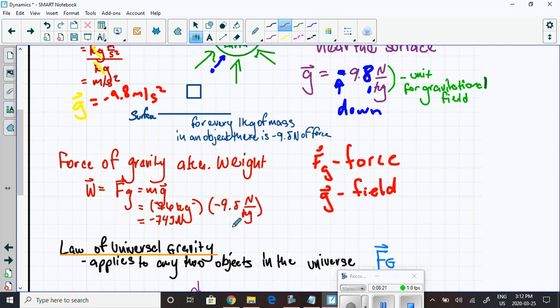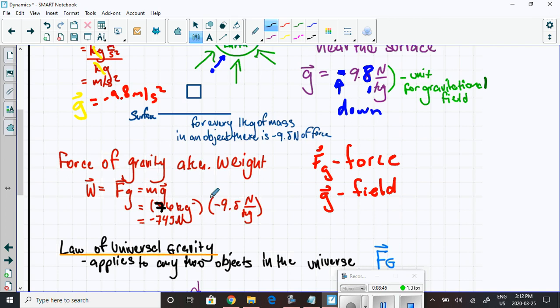So if I want to calculate my weight, my force of gravity when I'm on the surface of the Earth, what I do is I take my mass in kilograms, which is 76 kilograms, and I multiply it by the gravitational field strength near the surface of the Earth. Once again, I'm being very deliberate about how I'm saying this.